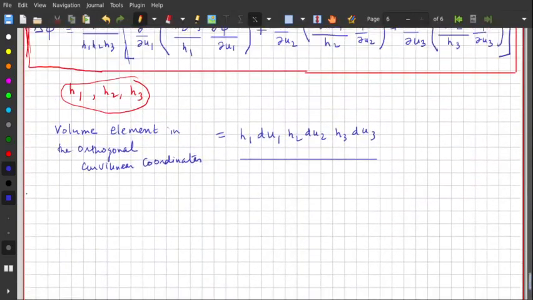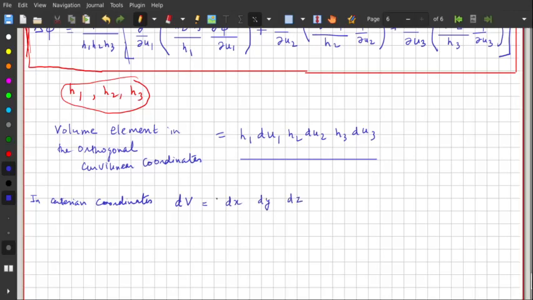Let's say, for example, in Cartesian coordinates, we realized what the volume element was. The volume element dV was dx dy dz.